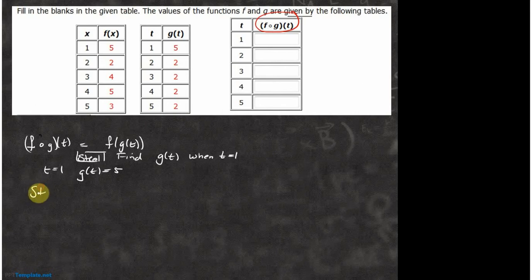So step 2, and then I go to the first table and go to f at 5 and figure out what that answer is.